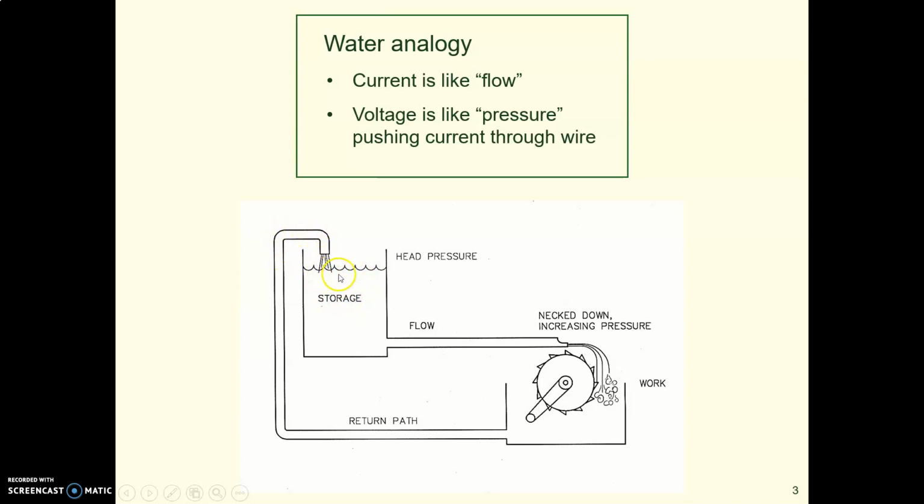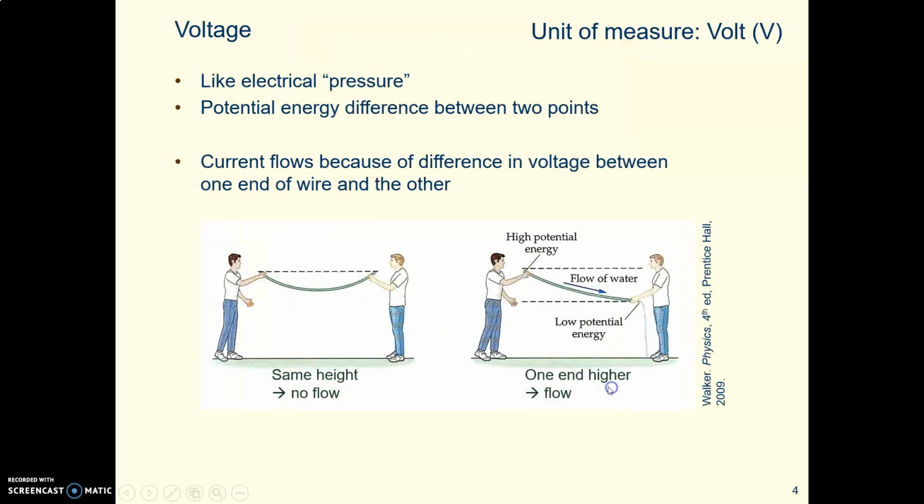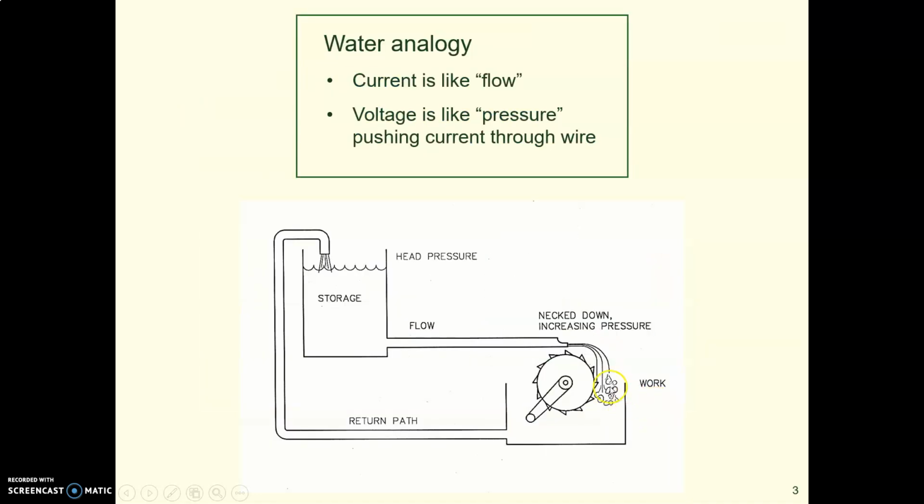I've got water coming into a storage tank, and the deeper the water is, the more pressure there is, and the pressure will force the water to flow through this pipe, and then it will turn this water wheel. Whoops. And just because electric circuits need a return path, I've drawn in a return path for the water. You might not usually see that in a water wheel.